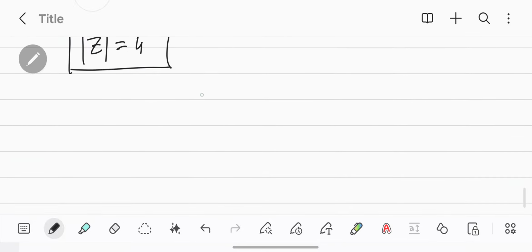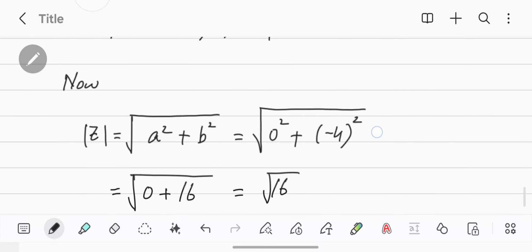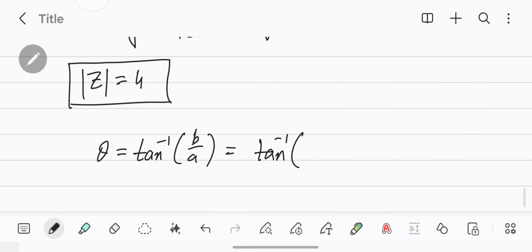Now I will find the angle theta. Theta is equal to tangent inverse of b over a. If I plug in the values, what's b? b is negative 4. So negative 4 over a, which is 0.